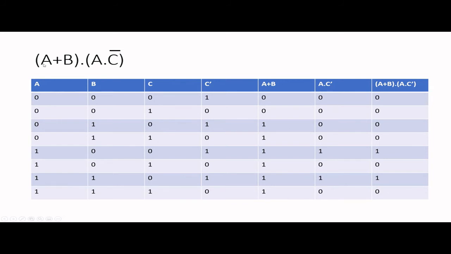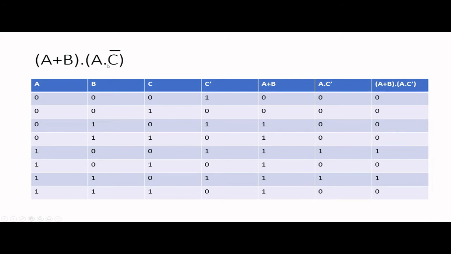So first A OR B. That means A and B you have to consider, and if at least one input is 1, then you will have 1. So as from here you have all the ones there, your output has 1. For very brilliant students, all these steps are not needed, right? I'm explaining for average students.